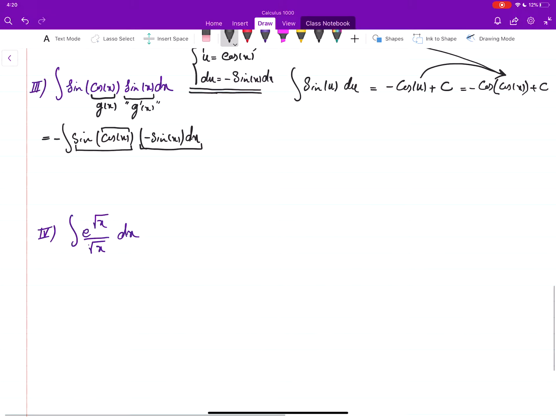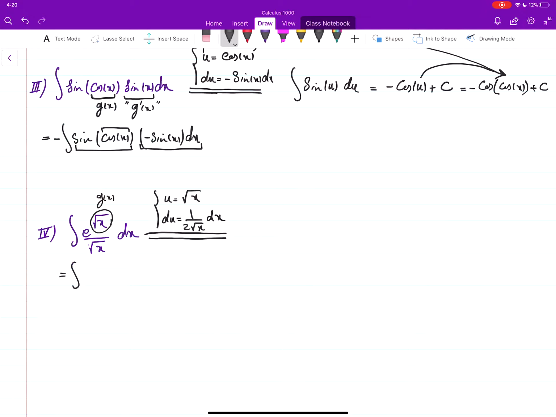And the last one, when you have e to the power some function, that's the best option to do the substitution with. So I will put u to be root x. Derivative, du, derivative of u, root x, is 1 over 2 root x dx, which is almost here.